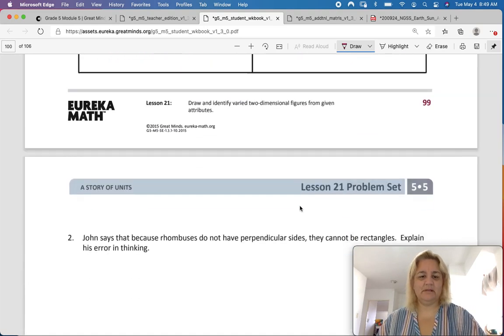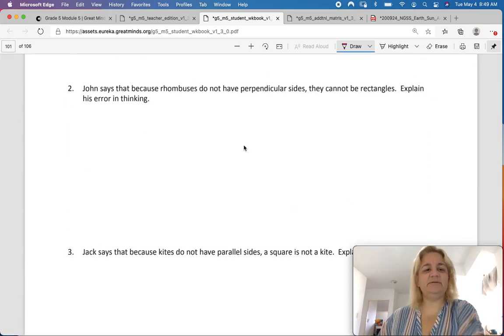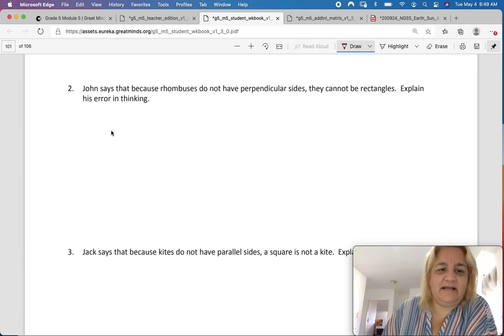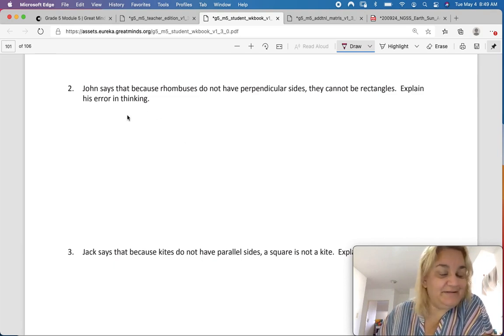Good. All right. Number 2, John says that because rhombuses do not have perpendicular sides, they cannot be rectangles. Explain his error in thinking. Well, there's no rule that's saying that their sides can't be perpendicular.